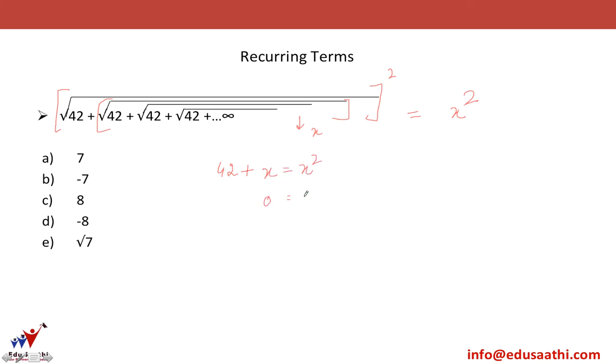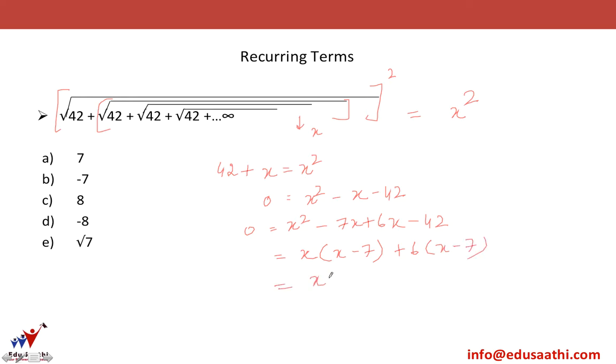Now I'll move all these terms to one side. So 0 is equal to x square minus x minus 42. I'll factorize this. x square minus 7x plus 6x minus 42 equal to 0. So this is x into x minus 7 plus 6 into x minus 7.